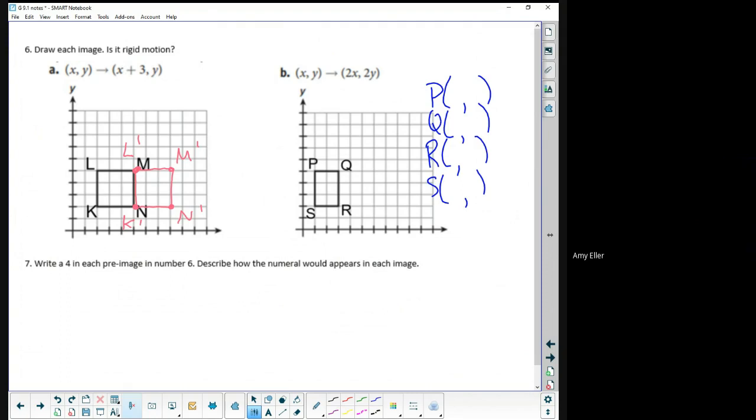Don't look up and copy mine. Got (1, 5), (3, 5), (3, 2), (1, 2). Check to see that you have parentheses and a comma. That makes it a point.